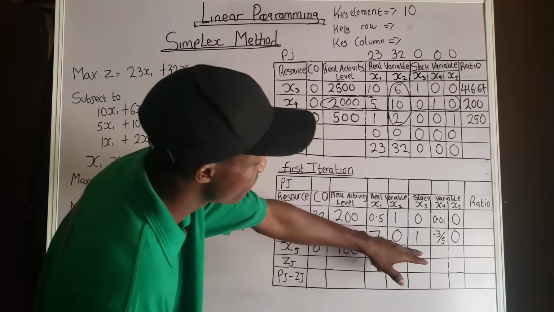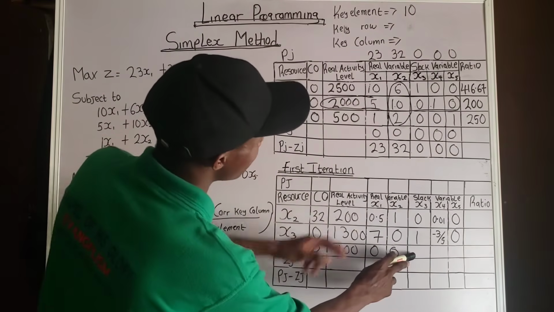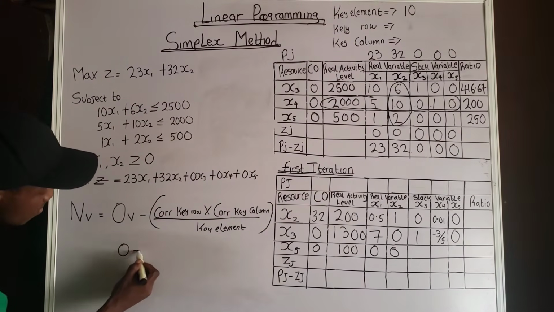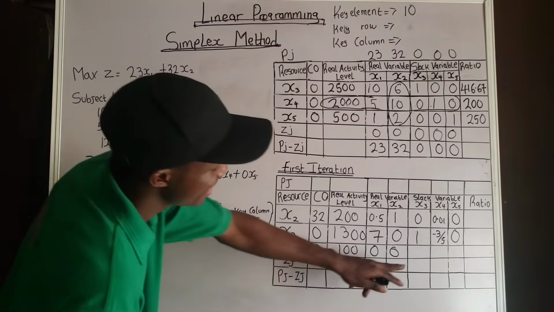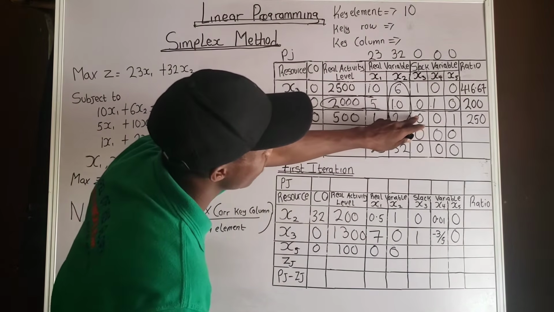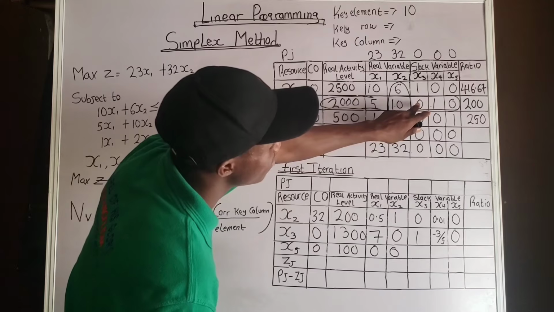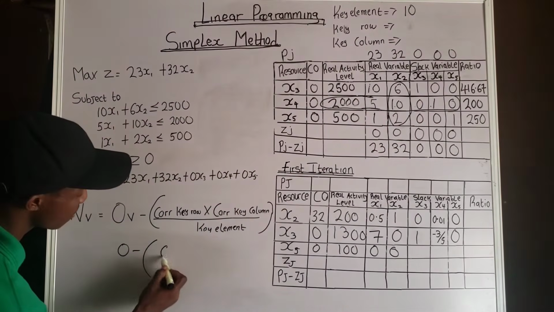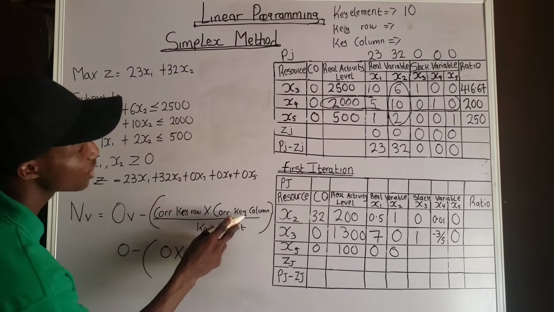Okay, to get the new value of these cells, don't forget that the old value is 0. So I'm going to have 0, which is the old value, minus the corresponding key row element. I'm going to trace it upward from this 0 to the key row element. The corresponding key row element is what? 0. So I'm going to have 0 multiplied by the corresponding key column element.